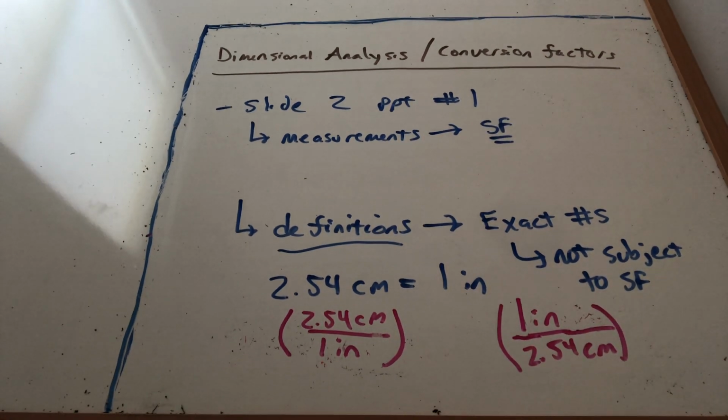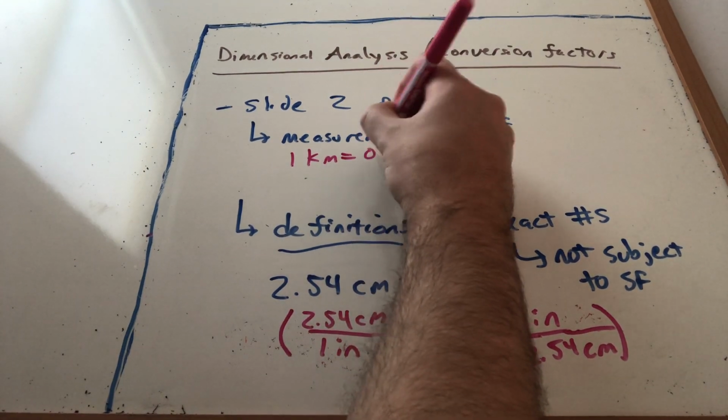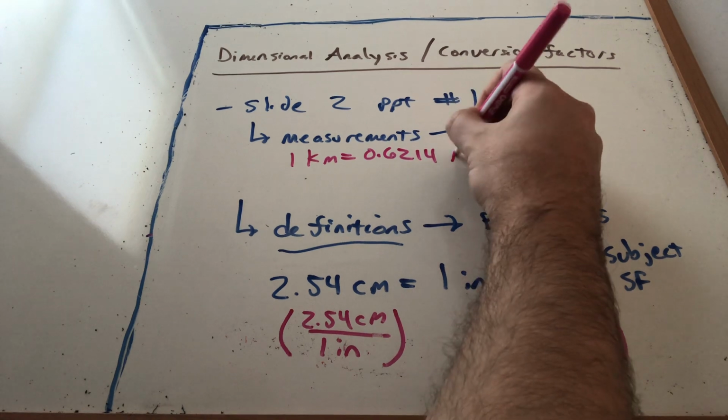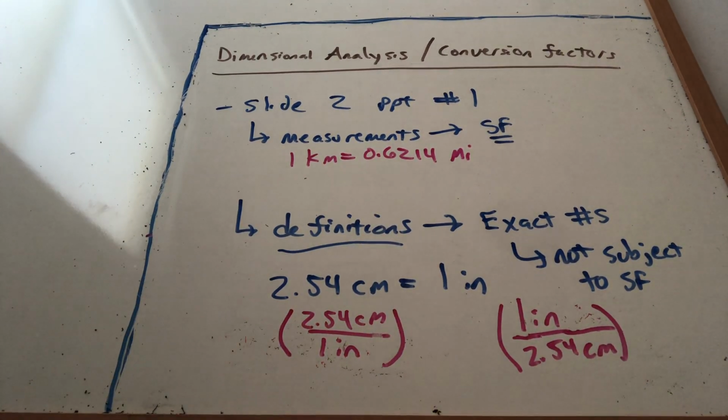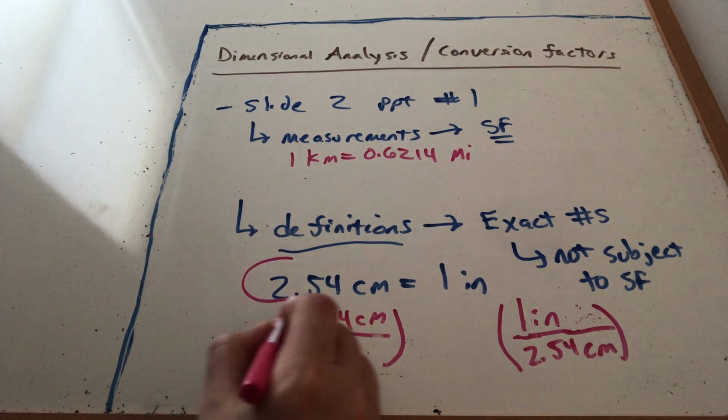There are some of these dimensional analysis problems where the conversion factors come from measurements. So let me look one up here. 1 kilometer is 0.6214 miles. This is not a definition. This is something somebody would have to measure.